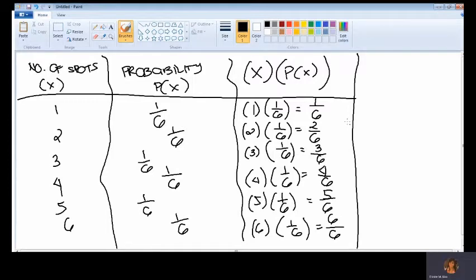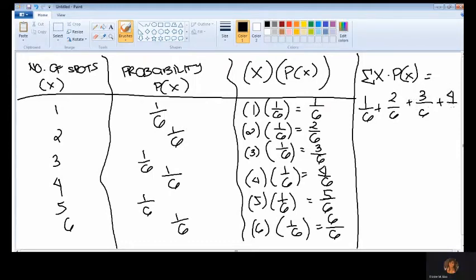So how do we represent it? This way: summation of random variable x times probability of x. So 1 over 6 plus 2 over 6, 3 over 6 plus 4 over 6 plus 5 over 6, 6 over 6.